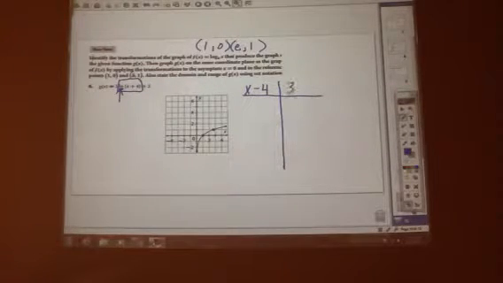So it would be 3y plus 2. So when I put 1 in for x, 1 minus 4 is negative 3. If I put 0 in for y, that would be 0 plus 2 is 2.